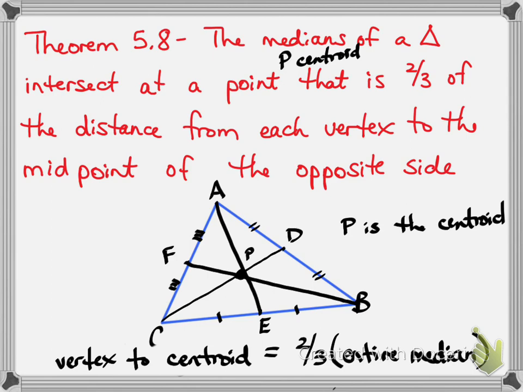So from the vertex to the centroid, that is 2/3 of the entire median. So if we look at median AE, from A to P, vertex to the centroid, that is 2/3 of the entire median AE.